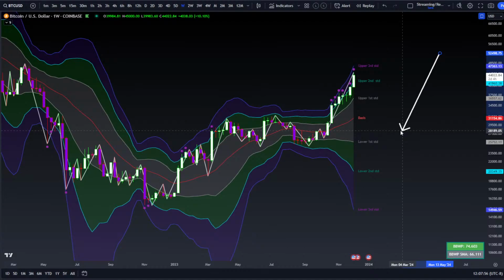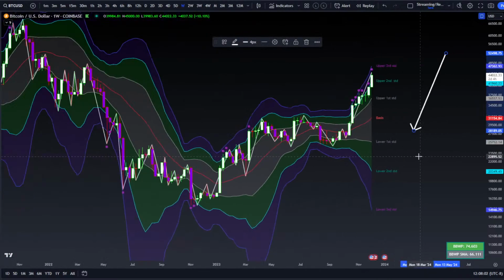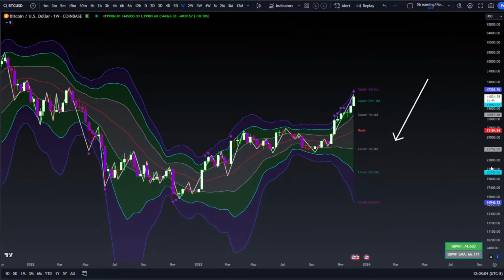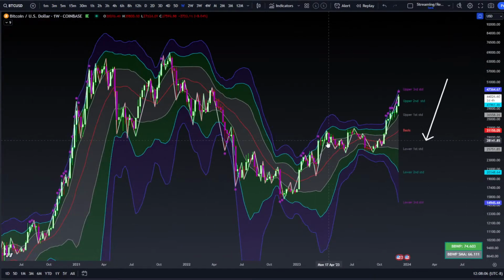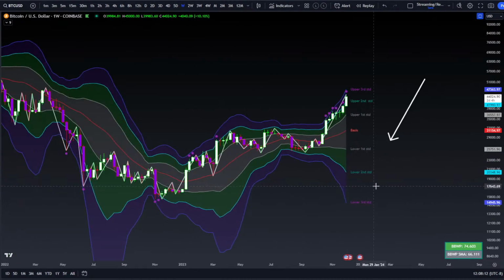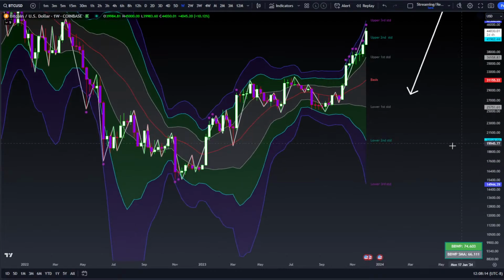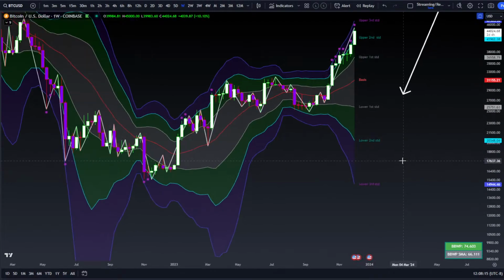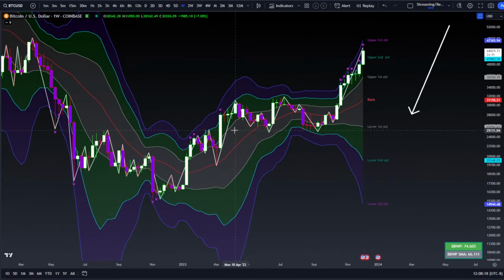And in this case, worst case scenario for price, when looking at structure, it's really going to come down to, we got such a perfect retest of, it would have to be somewhere around $25,000 to $30,000.